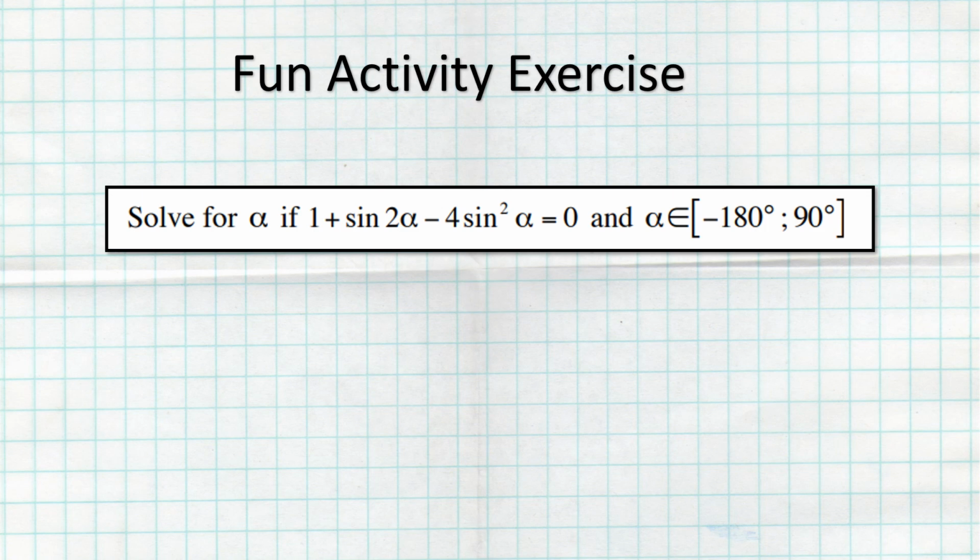After changing, group the like terms, add the like terms, see if you can factorize. If you can't factorize, you can let sine alpha or something like that be x, right? But on this one, I think it will be impossible to use that method. So just try to factorize and solve for alpha.